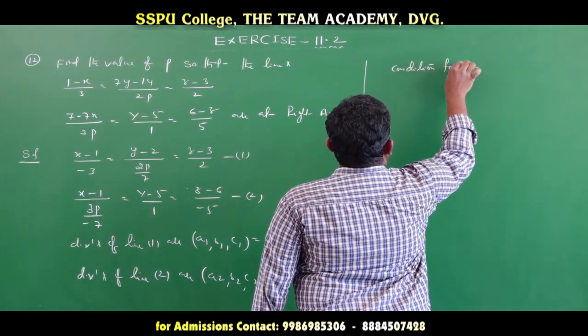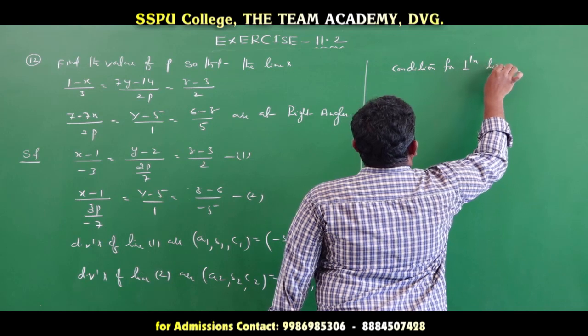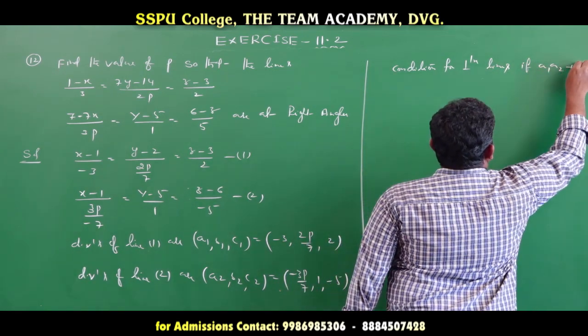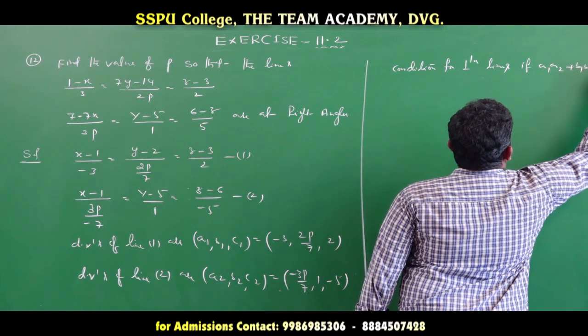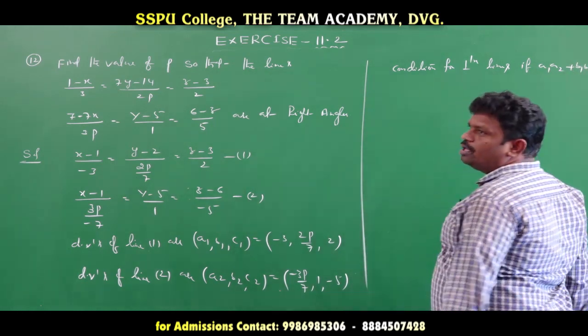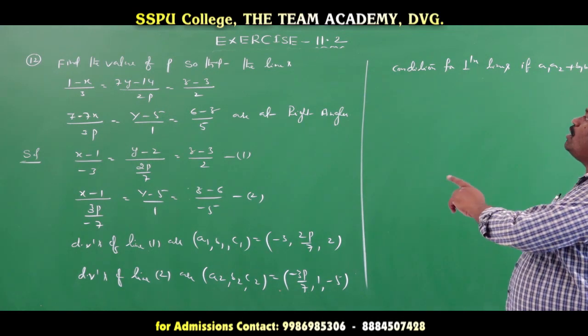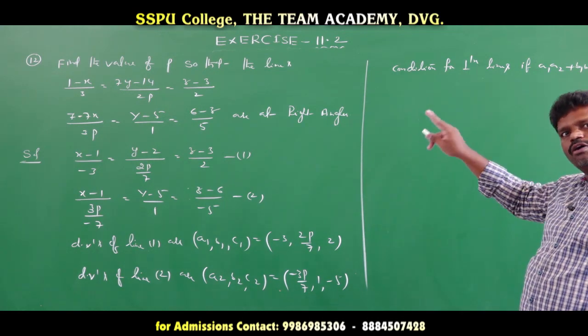The condition for perpendicular lines is a1 a2 plus b1 b2 plus c1 c2 is equal to 0. Find the value of p so that the lines are at right angle, meaning these two are forming a right angle.